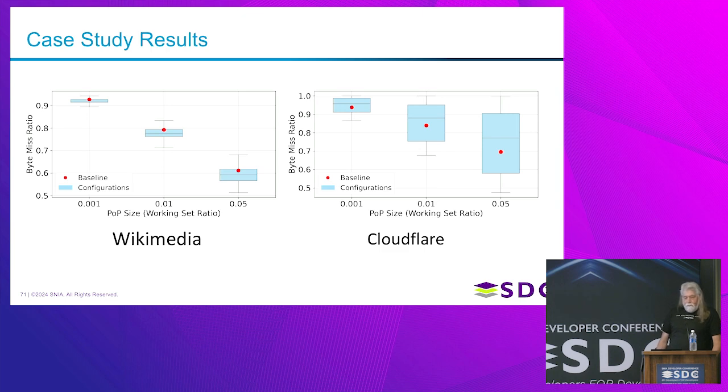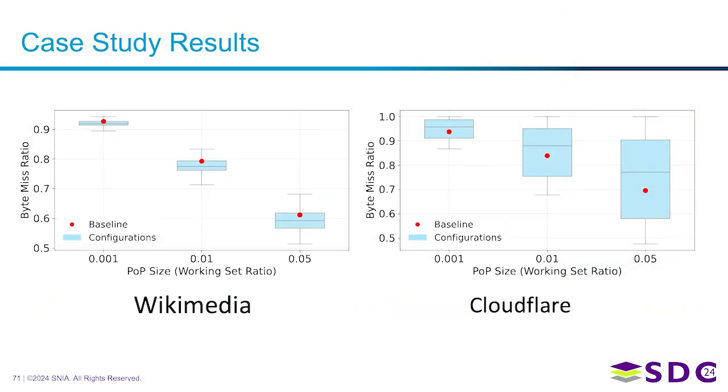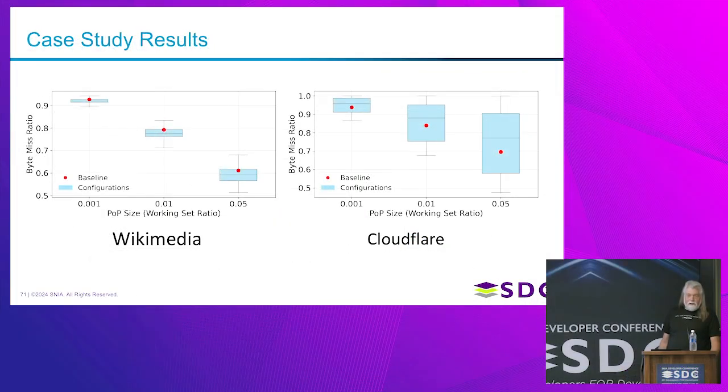So with this example that we talked about, we ran about 90,000 different examples of the Wikimedia traces and 37,000 plus of the Cloudflare. And here, if you take a look at it, the red dot is the baseline. This would be if we use the exact algorithm that Wikimedia or Cloudflare used in their content delivery networks.